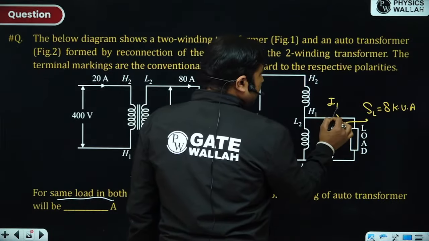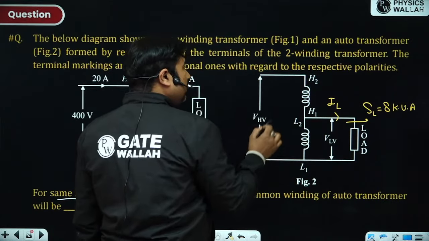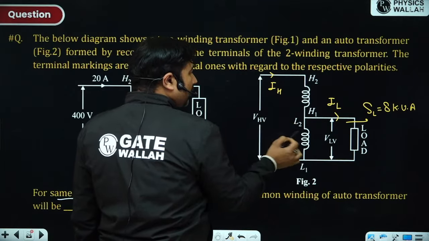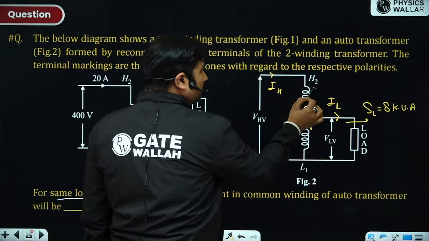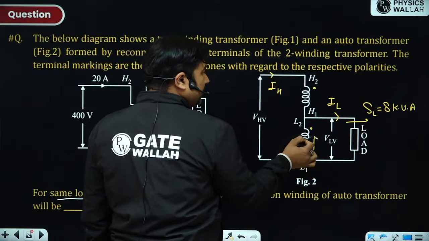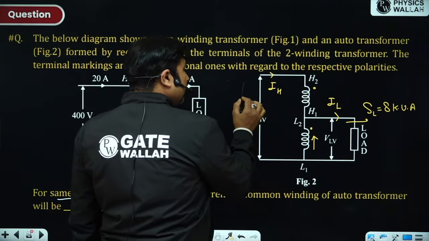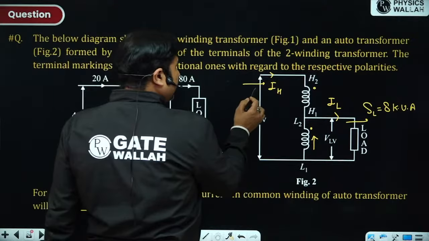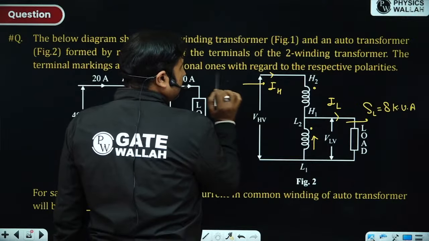Can you calculate this IL? If you are able to calculate this IL, can you calculate this IH? We all know that if current enters through the dot, then at the same time current must leave through the dot. This side also, because it's an ideal transformer, is 8 kVA. So we can calculate IH as well.